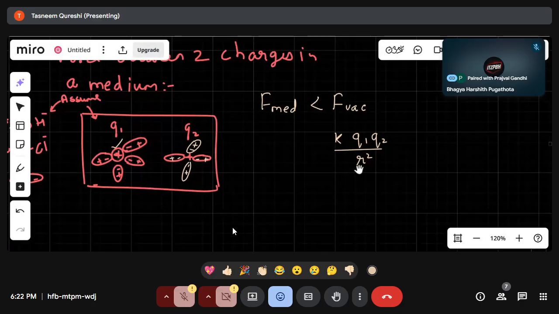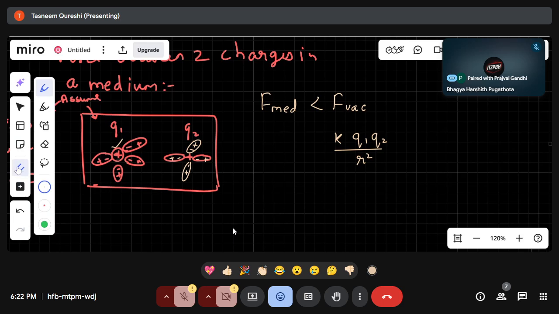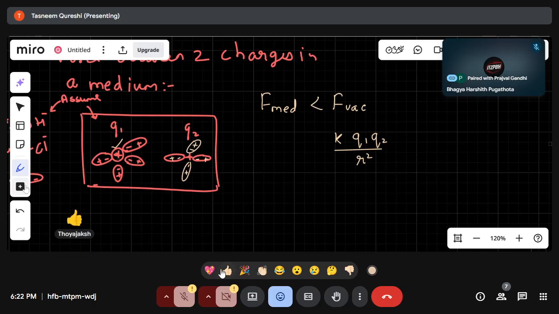Now suppose this is the force in vacuum. I want to write it for medium, and I want it to be less than this particular thing. What should I do? If I divide this with something, the overall value will go down, right? Are you getting what I'm trying to say?